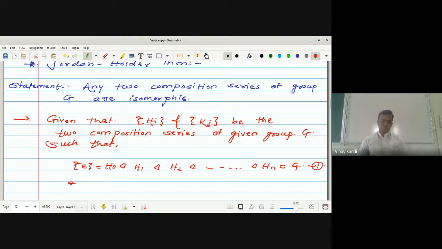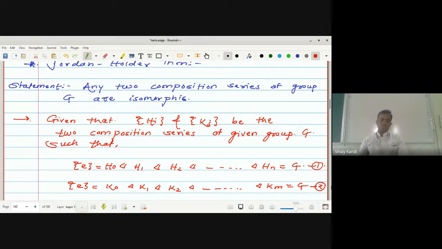And similarly for Kj, the singleton E is equal to K0, which is normal in K1, which is normal in K2, and so on, which is normal in Km, which is equal to G. Give it as equation number 2.